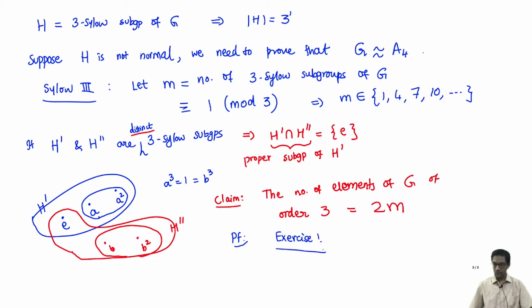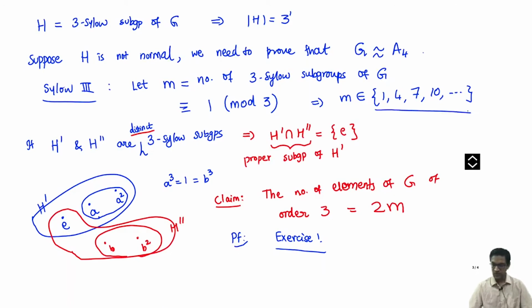Okay, so now we understand what these 3 Sylow subgroups are good for. They contribute 2 elements of order 3 each. We already said what the possible values of m are: 1, 4, 7, 10 and so on, but we can already see that 7, 10 and so on are not possible values.